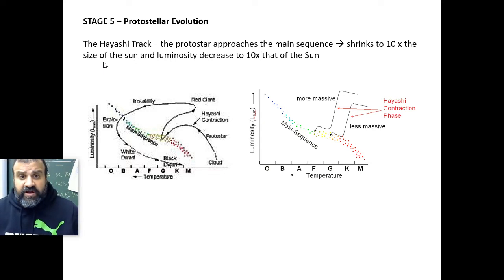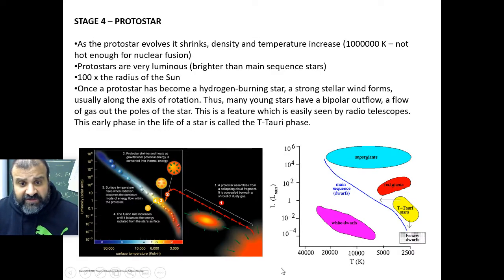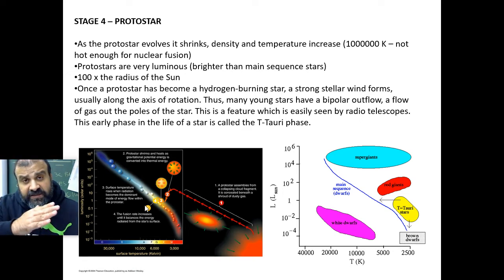So protostar evolution, right? That pathway, if we go back to the Hertzsprung-Russell diagram, going from the protostar or the T Tauri star to the main sequence, following along that path in its evolutionary pathway, the process of going from a T Tauri protostar to a main sequence star, we call that the Hayashi track.